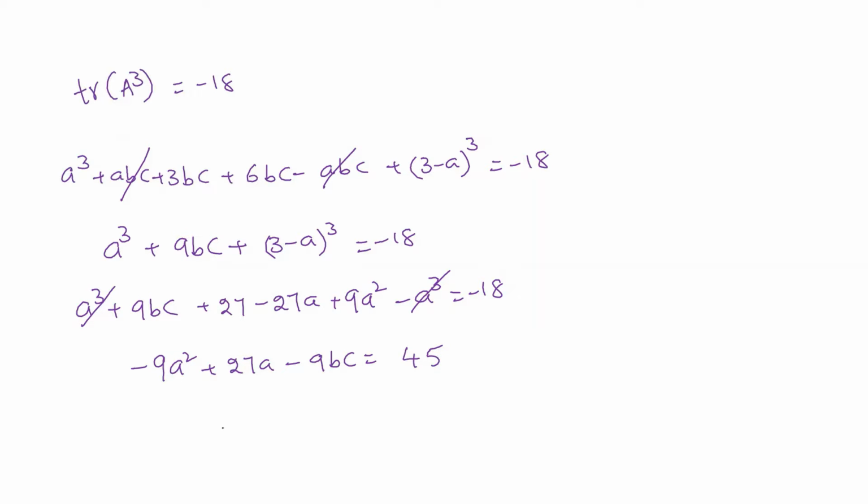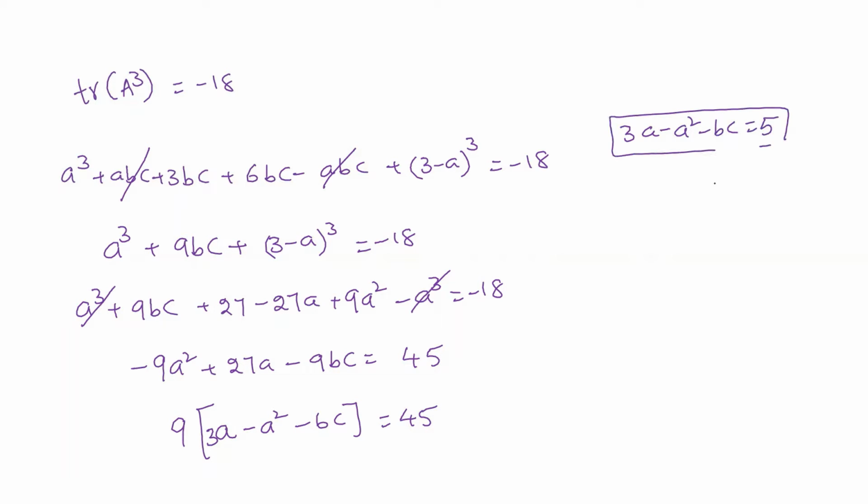Now you can directly see that if I take 9 common from everything, we will get 3A minus A square minus BC, which is equal to 45. And we got 3A minus A square minus BC is equal to 5.